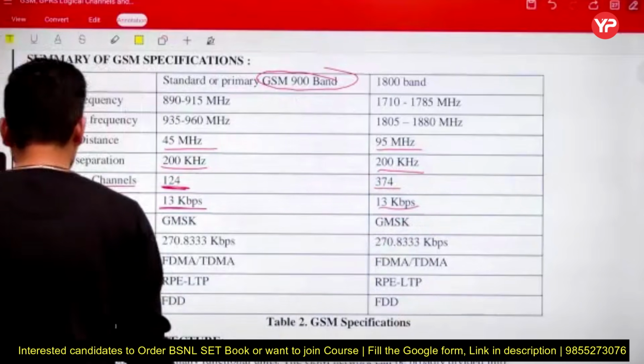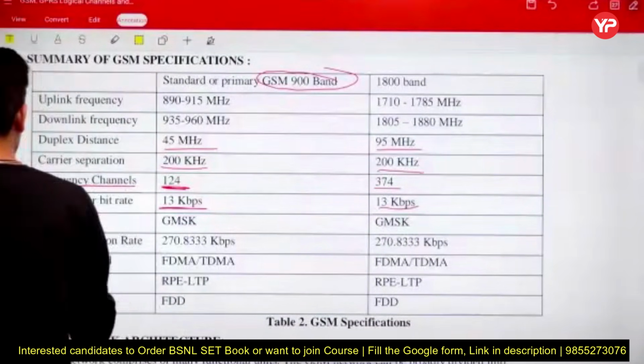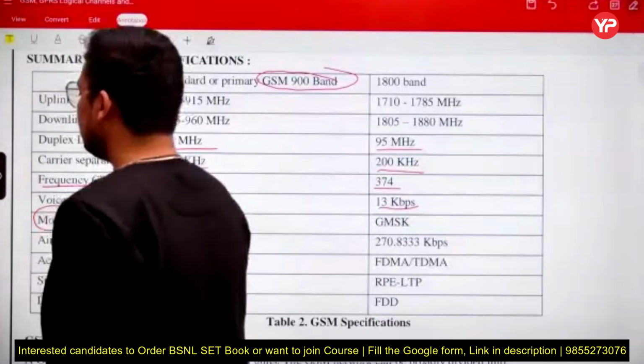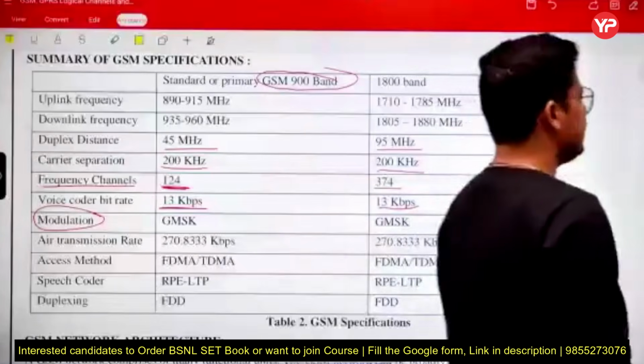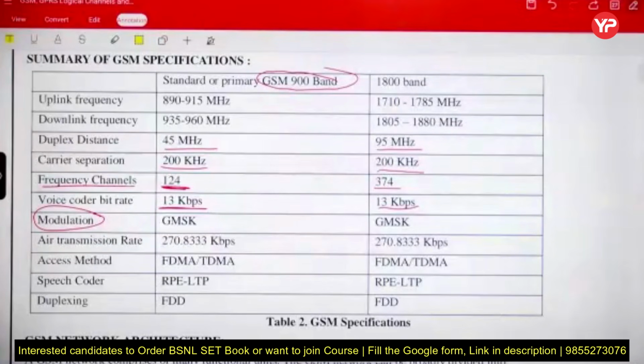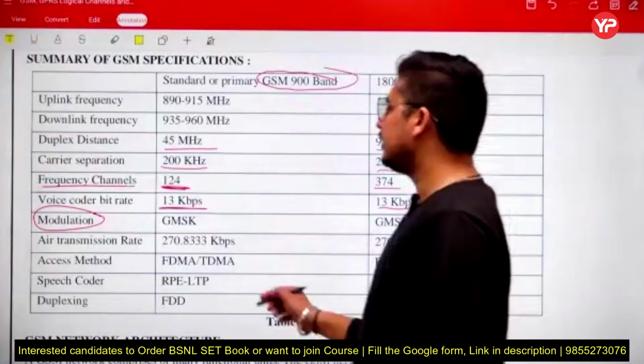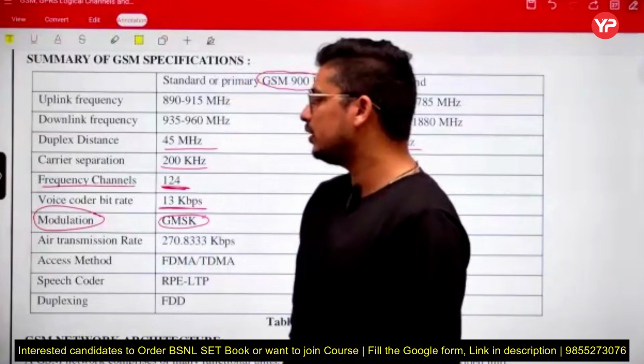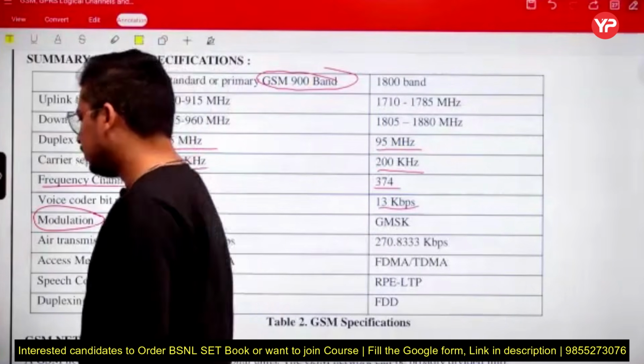That's the most important thing, which type of modulation is used in GSM? Its name is GMSK. GMSK means Gaussian minimum shift keying.